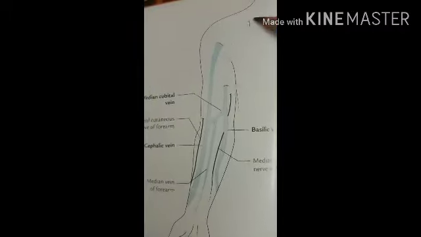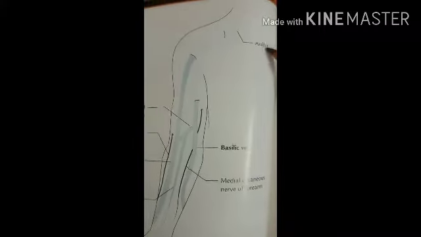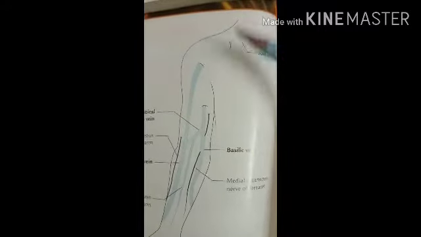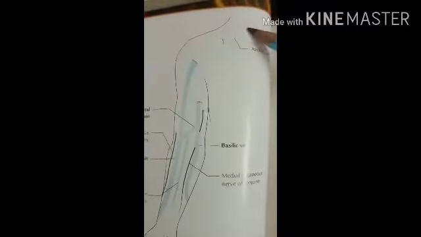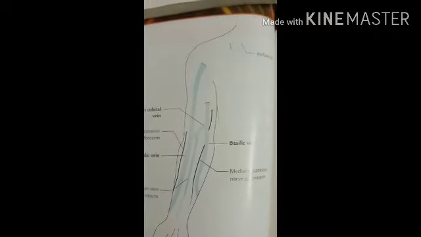Here you can see the axillary vein. So it ascends upwards and then joins with the axillary vein. There are many small veins linked with the cephalic and the basilic vein during its course.